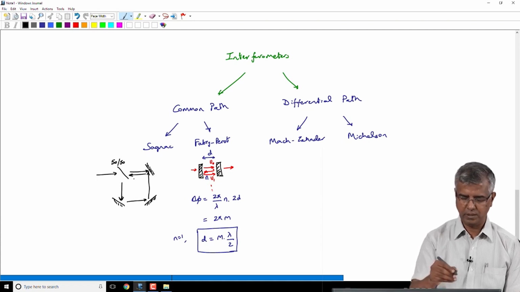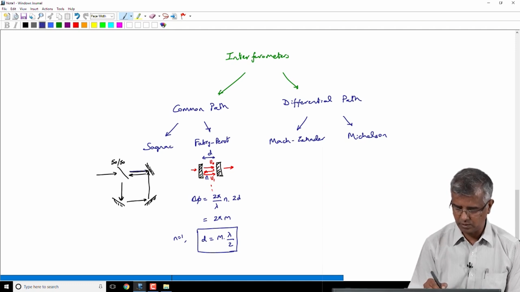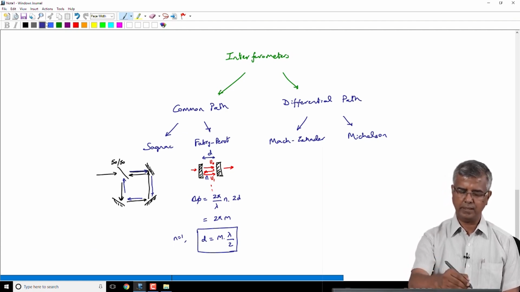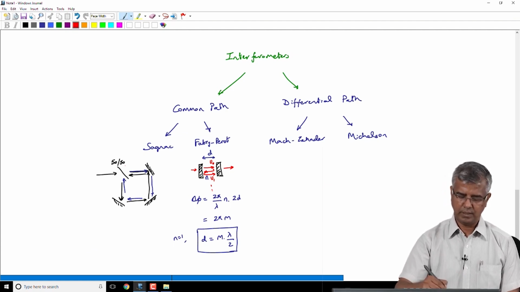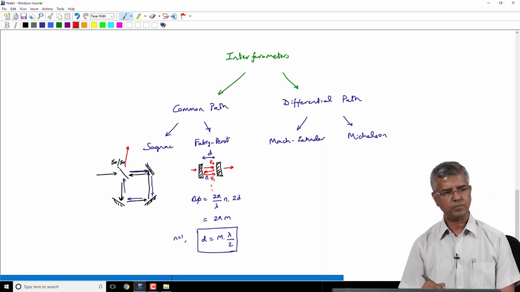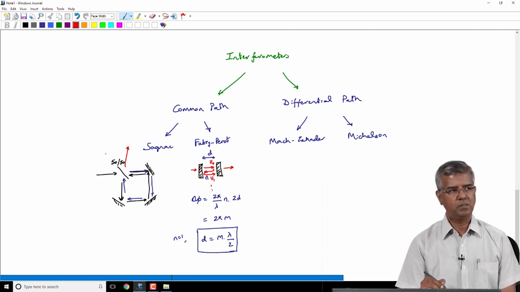right. Let me use a slightly different color to denote this one. So, in the other direction it goes like this, and comes back here. Okay. So, if you are looking at the net output in this direction, you have interference between what and what?